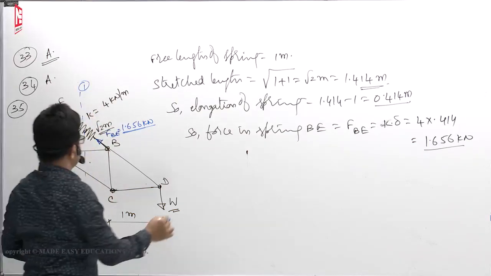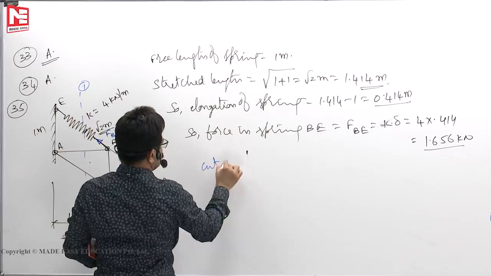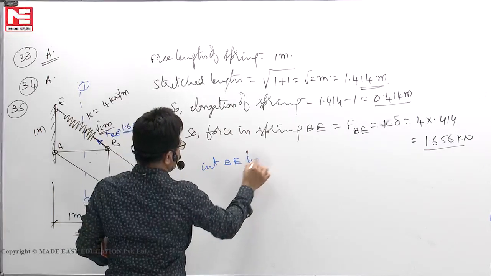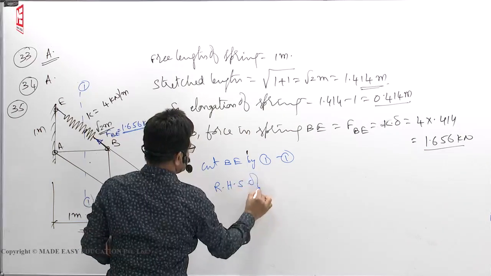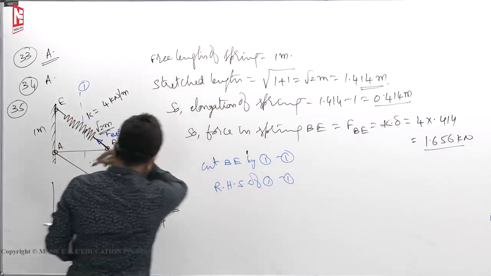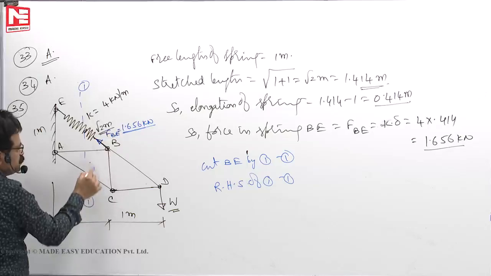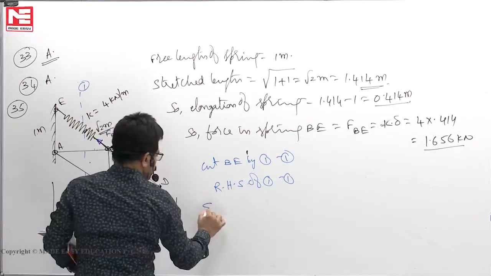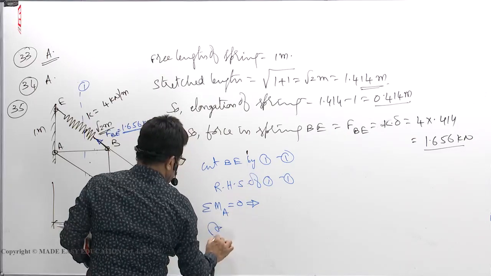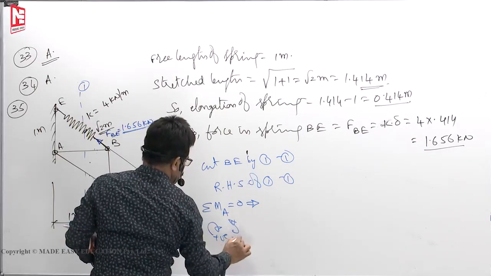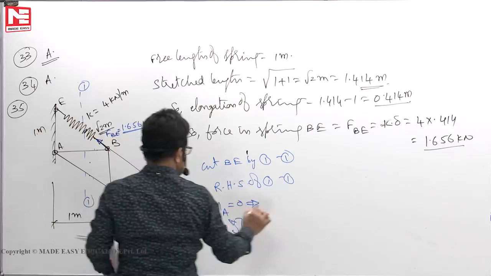Look at the RHS. Cut BE by section 1-1, then the RHS of 1-1. Then the unwanted forces are these two, and these two are meeting at A. Take moments of all forces about A equated to 0. Clockwise positive, anti-clockwise negative.